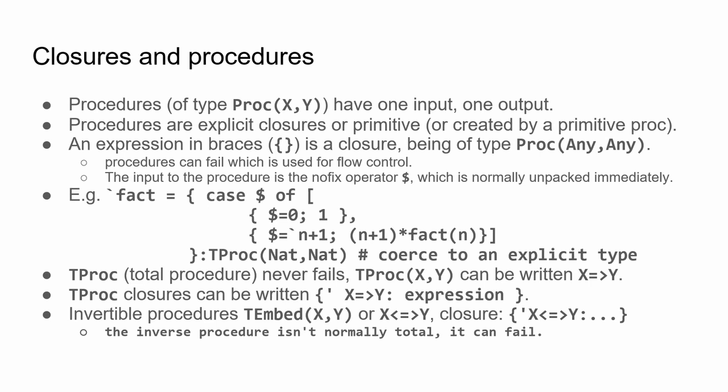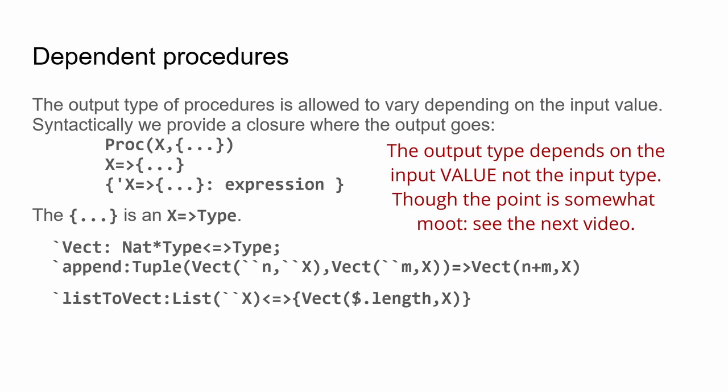Now, an embedding, like t-procs, always succeeds going forward, but backwards, of course, commonly doesn't succeed because there are values of the output type y that didn't come from any x, so they can't be inverted.